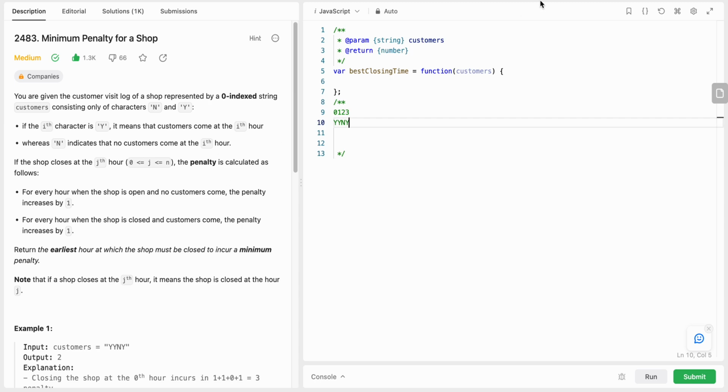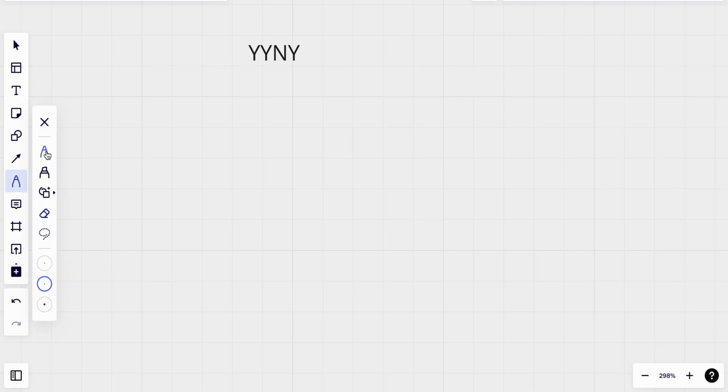So things that we need to keep in mind from the given problem is, if we close at the ith hour, then the number of hours there were no customers when the shop was open.